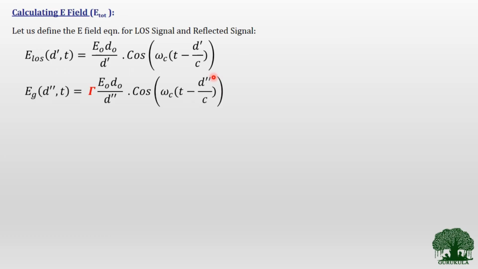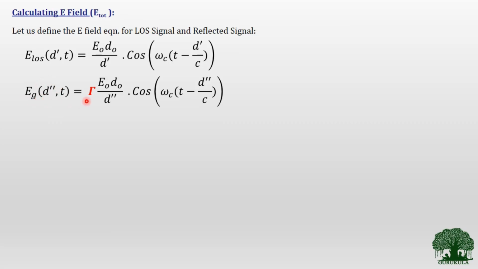Finding out the E field for the line of sight signal, as I already mentioned, I have taken the distance traveled by the line of sight signal as d dash. So wherever I have d, I can replace that with d prime. This will be my E field equation for the line of sight signal, and similarly I can replace d prime with d double prime, so that this represents the E field for the reflected wave.